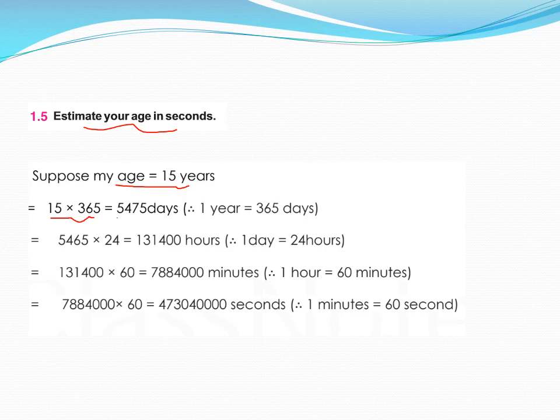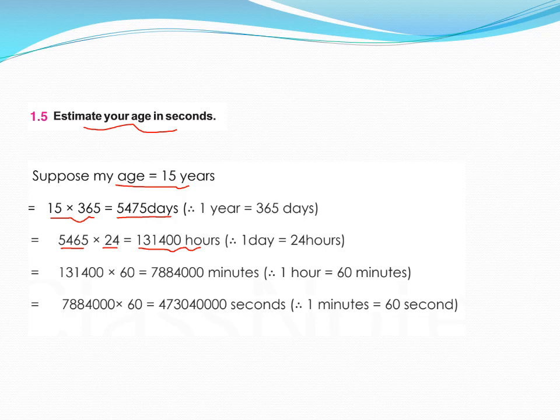So years are converted to days, 5475 days. Then we convert these days into hours. Multiply the days with 24, because there are 24 hours in 1 day. So we would be having this much hours.